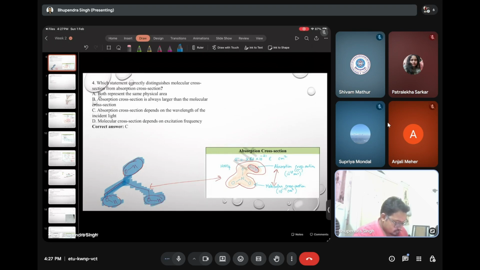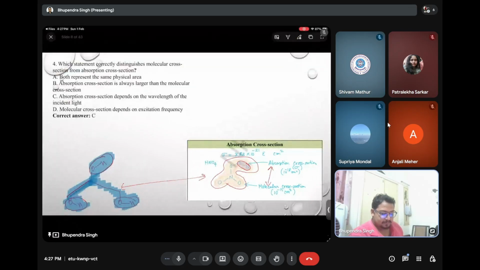Whatever I have painted in blue color is the molecular cross section, and the OH bonds are the absorption cross section. So the absorption cross section will always be lesser than the molecular cross section.